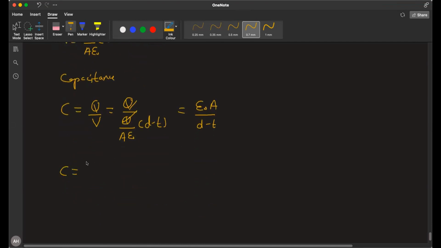If you have conducting slab between the plates, then the capacitance is epsilon naught A by d minus t. If you compare it with air between the plates, it's still greater, because with air between the plates, capacitance is epsilon naught A by d. Now it's d minus t. Denominator is small, so overall fraction is large.